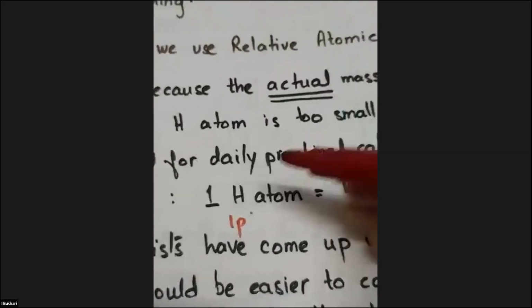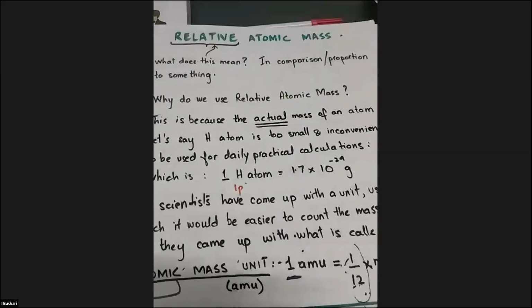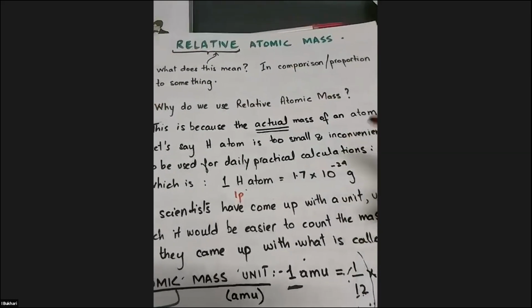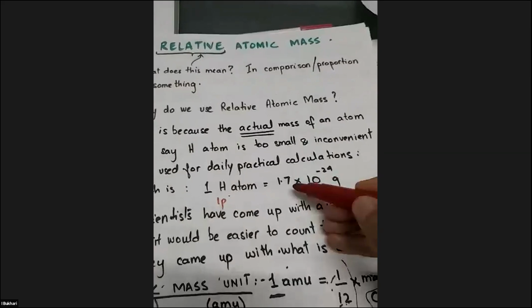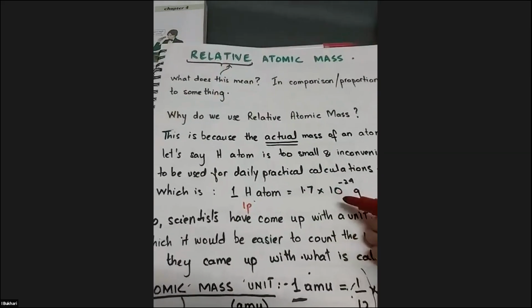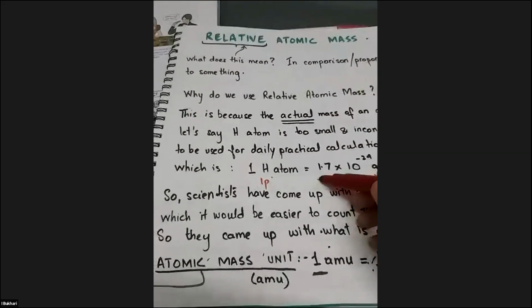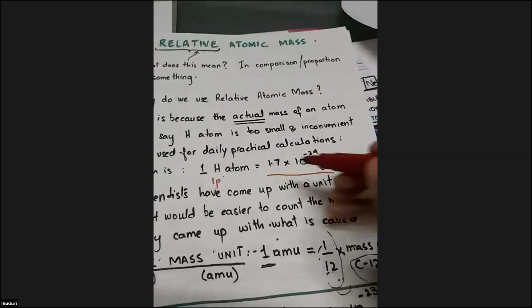So that's why we take an atom. I mean, the scientists took an atom and they tried to weigh it using an instrument called mass spectrometer, and they found out that the mass is 1.7 × 10^-24 grams. Now, this is a very awkward, very difficult number.